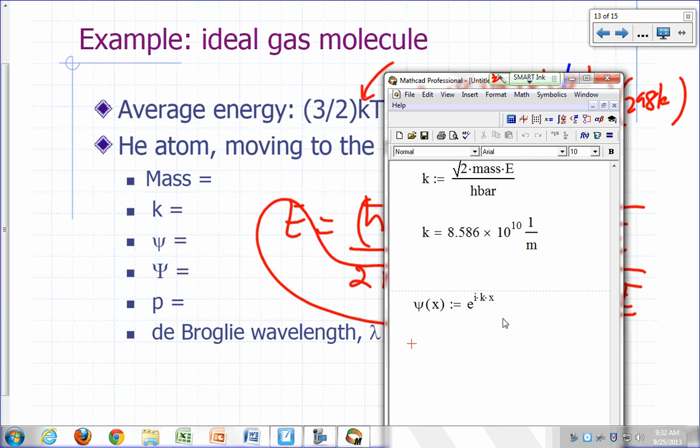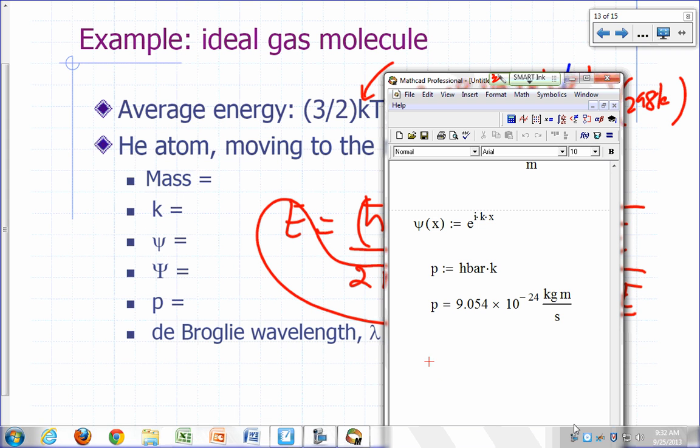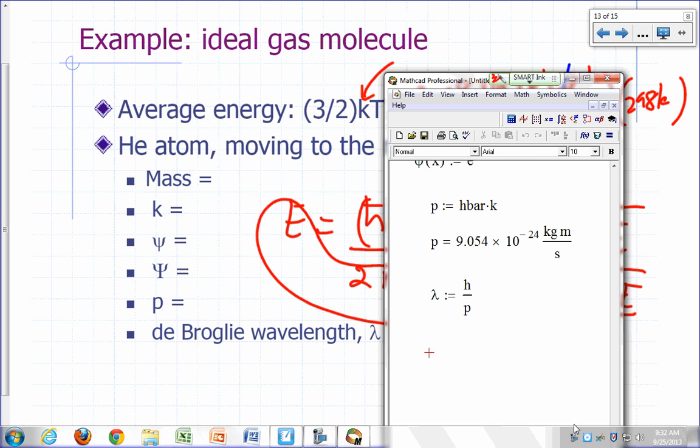And your momentum is how much? It's just h bar times k, right? So momentum is 9.054 times 10 to the negative 24 kilogram meters per second. What's our de Broglie wavelength? Remember the formula for de Broglie wavelength? H over p. So de Broglie wavelength is 7.3 times 10 to the negative 11.